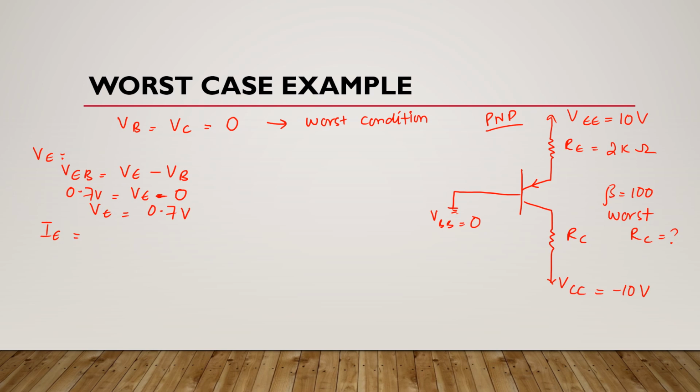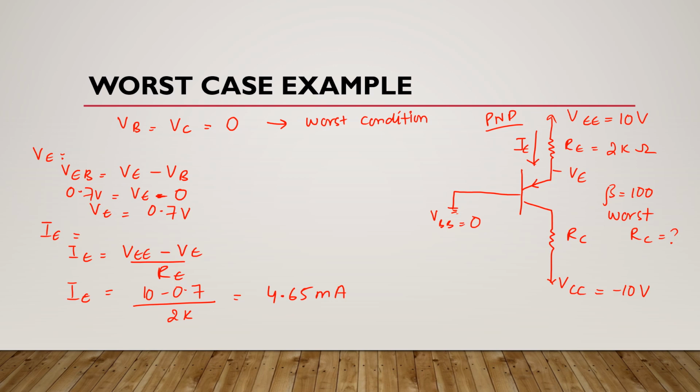Okay, now we will find IE here. We know that the formula of IE will be VEE minus VE divided by RE. Why? Because this is the direction of IE here, and this VEE is at higher potential here. So after putting values here, 10 minus 0.7 divided by 2 kilo ohms, you will get 4.65 milliamperes.